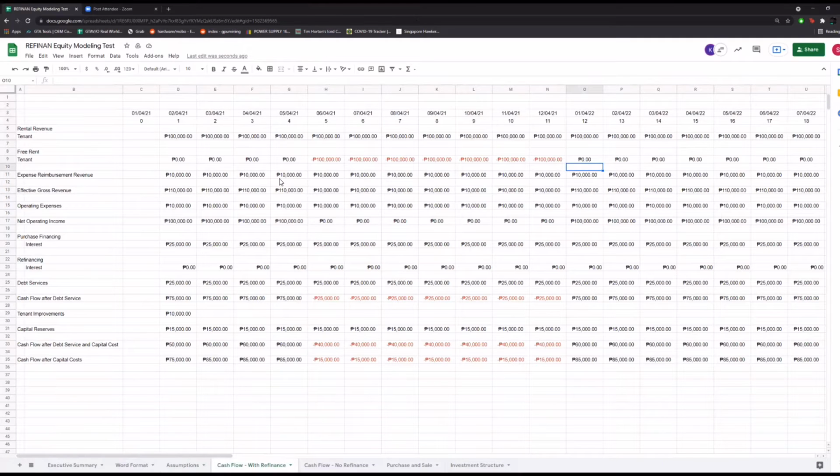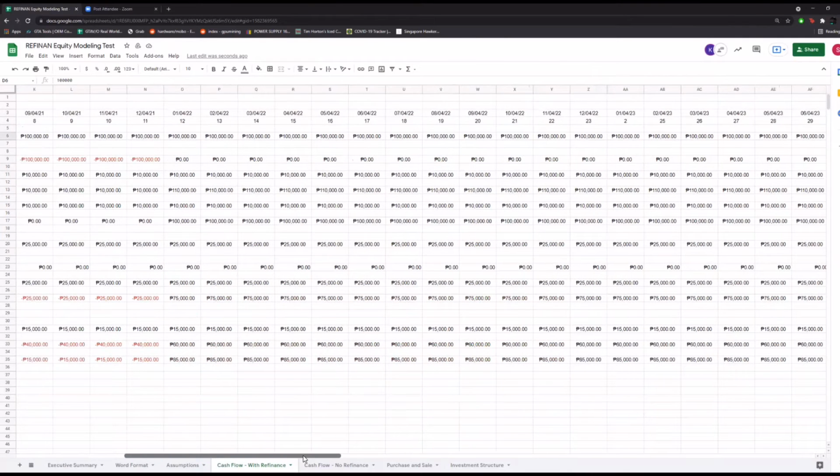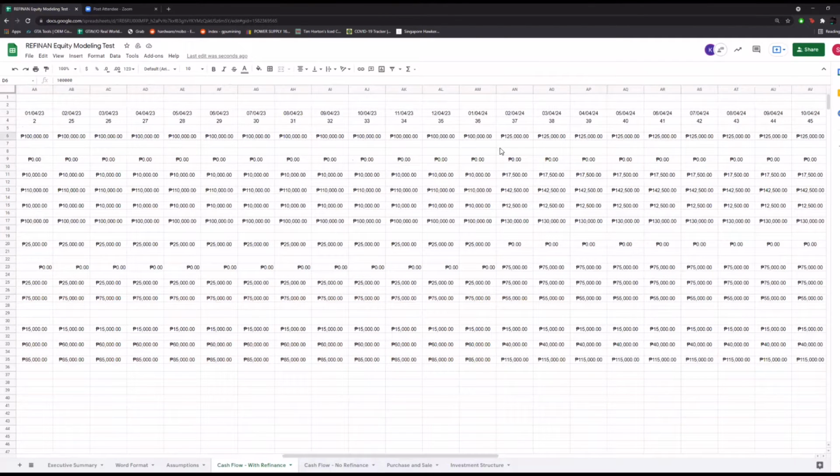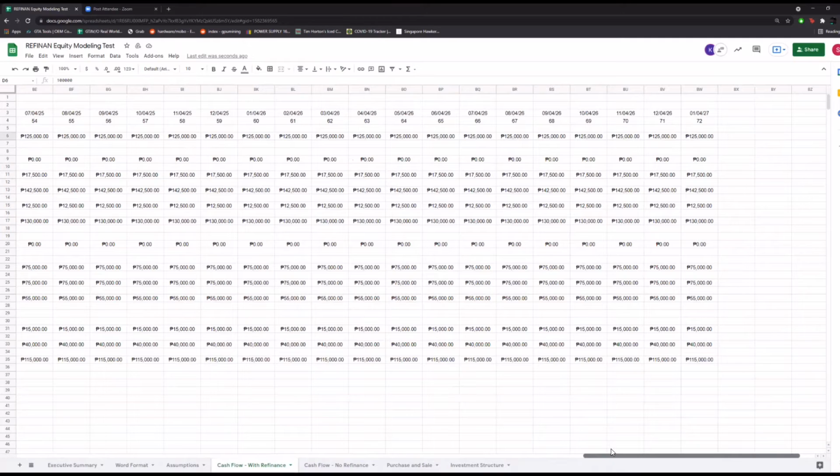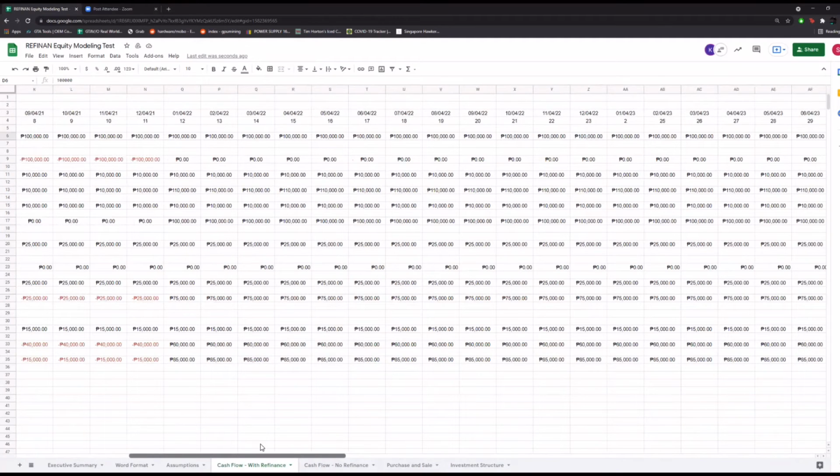Now I'm going to discuss the cash flow, and we have two types of cash flow, one with refinance and one without. For the first part of the cash flow, we identified the rental revenue, and the tenant pays us 100,000 pesos all the way until month 36. It increased by 25% on the 37th month all the way until the 72nd month.